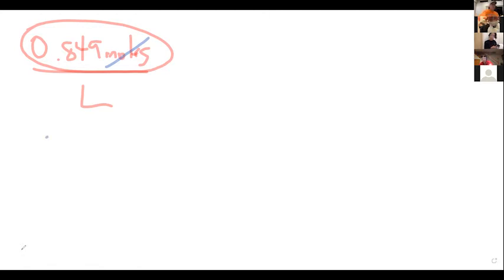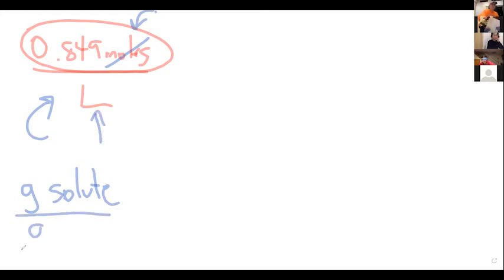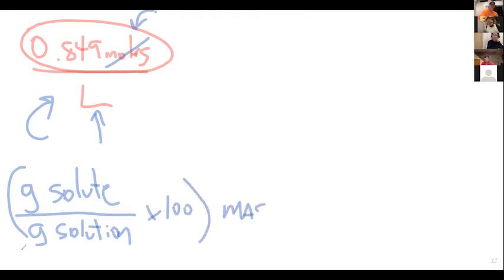Right, so this is the concentration of acetic acid in the solution. We got that from our titration. I need to turn this into grams of solute, and I need to turn the liters into grams of solution, because this expression times 100 is my mass percent.